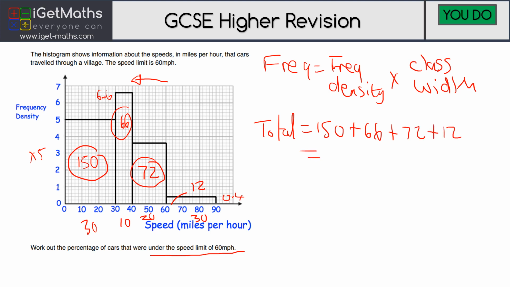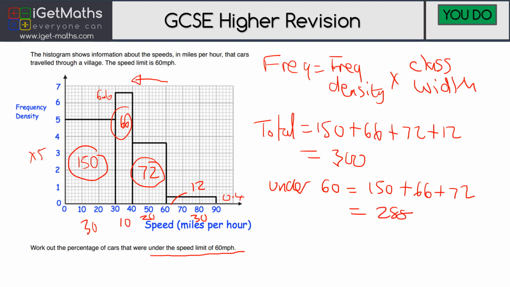If we add that up, that gives us 300. And then under 60 is going to give us 150 plus 66 plus 72, and that gives us a total of 288.